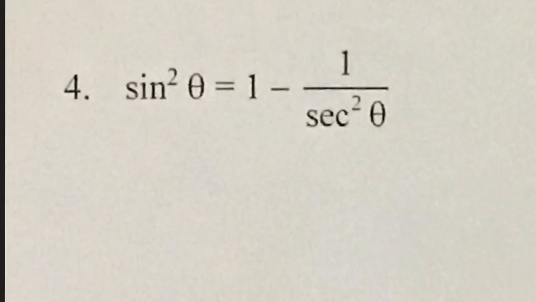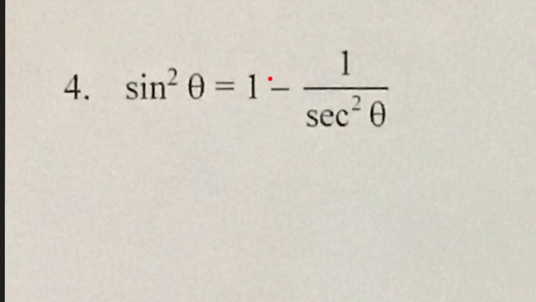So number 4 asks us for some crazy things, right? It says, show that sine squared equals 1 minus 1 over secant squared. So we're going to manipulate sine squared in order to make it look like this. We want to introduce a 1 minus something into our equation.